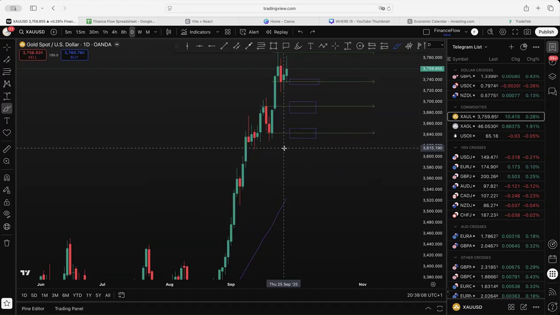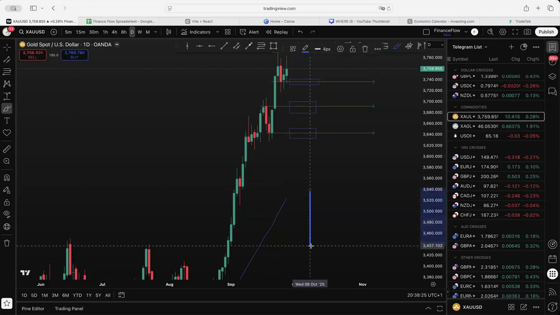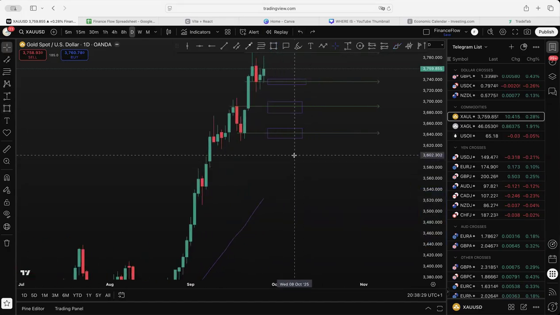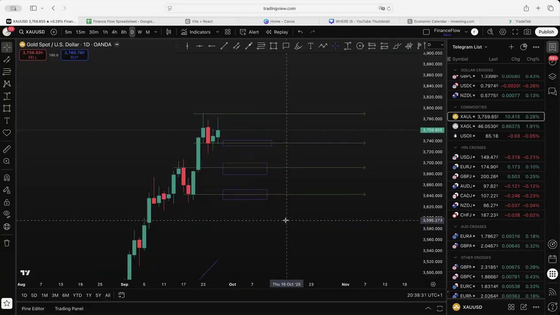So it's going to be quite interesting to see what happens here. But those would be my three areas. Obviously, it might change during each day, depending on the trading strategy you trade. But that is what I would be looking at for gold.